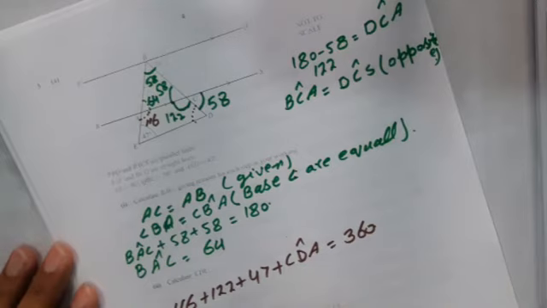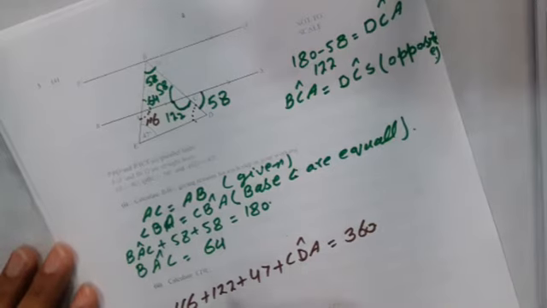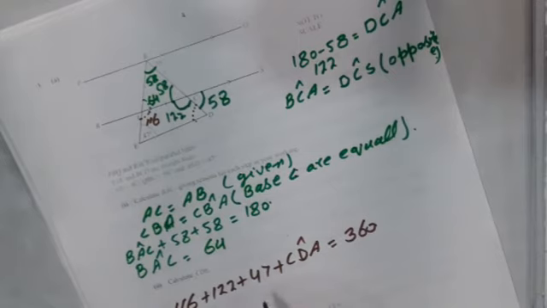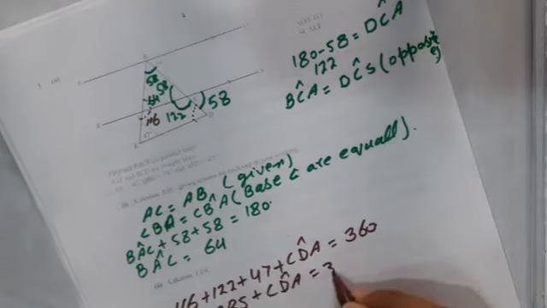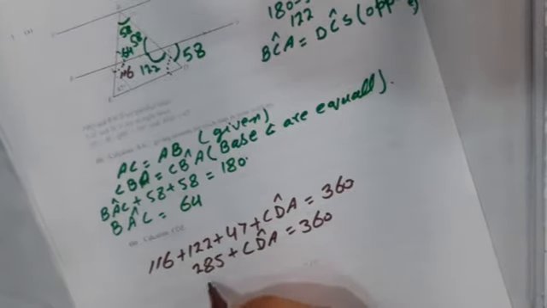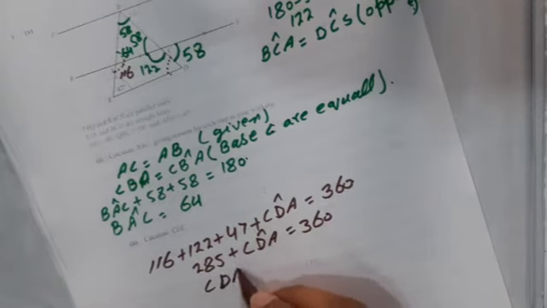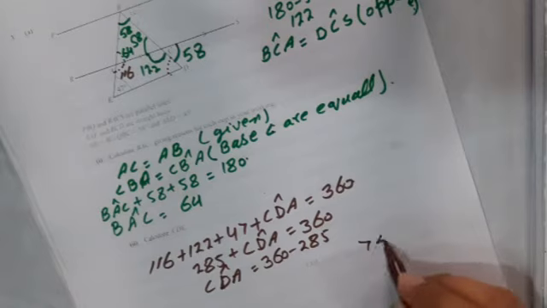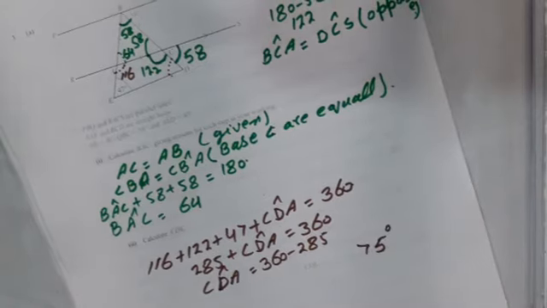Add them and subtract. This will be 285 plus CDA equals 360. We subtract 285 on the other side. So CDA will be equal to 360 minus 285. This will be equal to 75 degrees, which is your final answer.